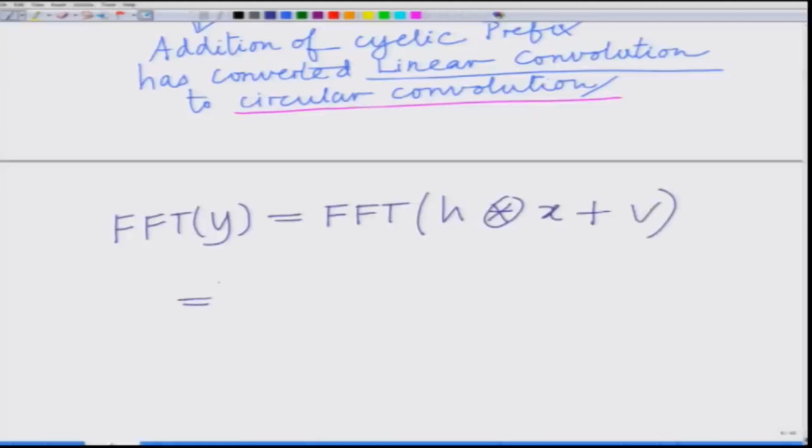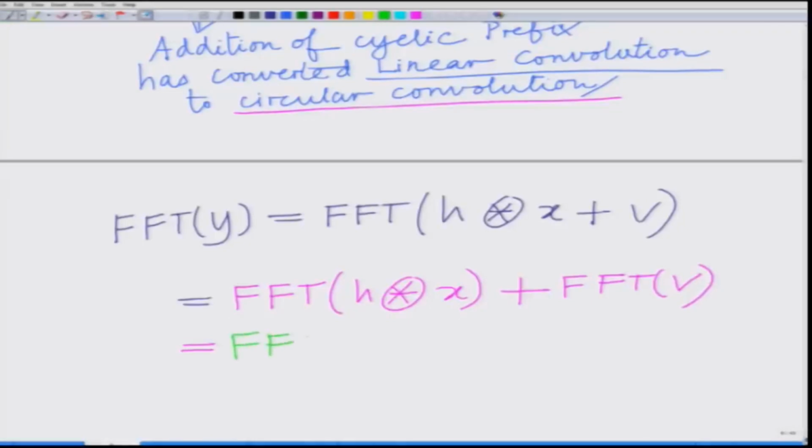Now, the FFT operator is linear, so that is the FFT of h circularly convolved with x plus the FFT of v. The FFT of a circular convolution is the product of the FFTs.